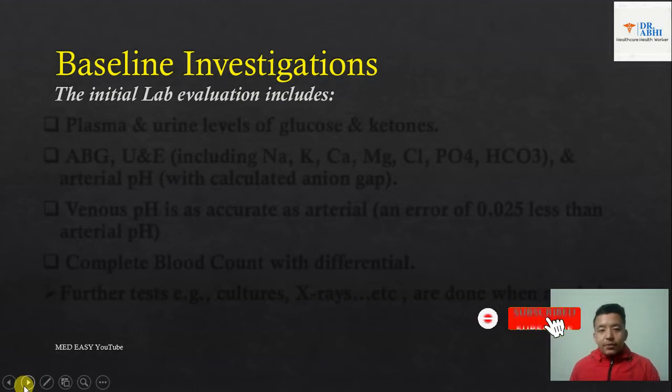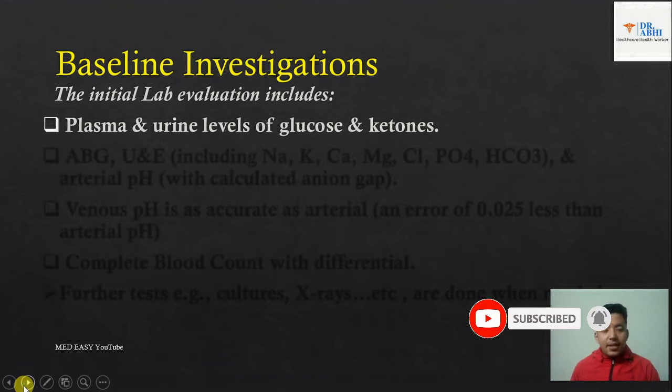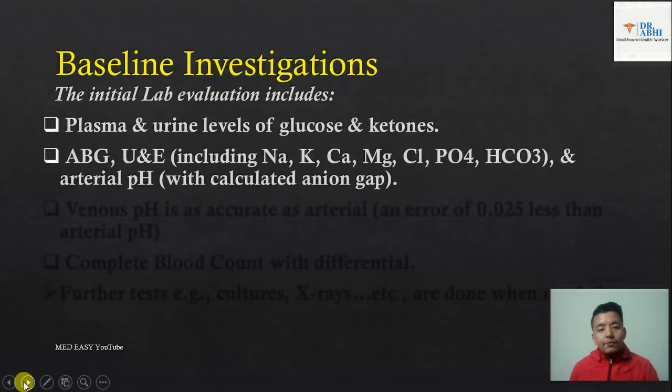So what are the baseline investigations that we must send? We have to send the plasma and urine levels of glucose and ketones. We have to do the ABG and urine analysis of sodium, potassium, calcium, magnesium, chloride, phosphate, and bicarbonate.